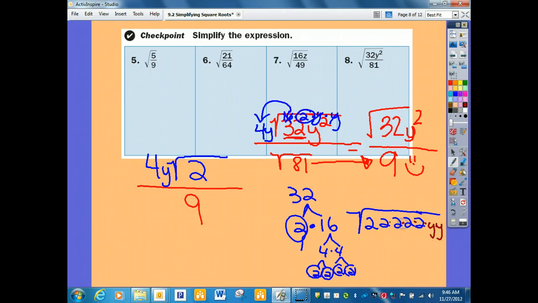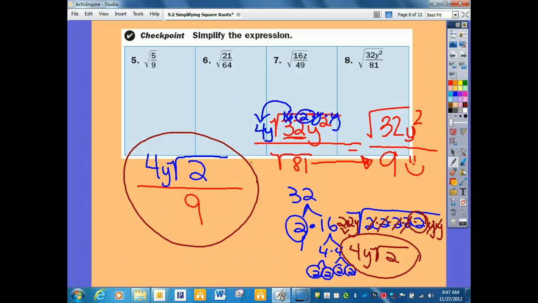Take out pairs, what do I have? A pair of 2's, so bring out a 2. Another pair of 2's, bring out a 2, we're multiplying. And bring out the y. And I have a 2 left inside. So 2 times 2 is 4y times the square root of 2. We end up with the same answer on the top, and then it's still over 9.